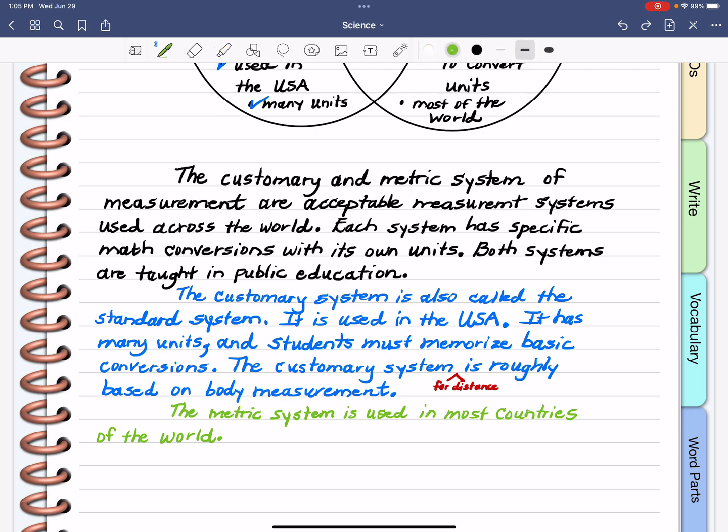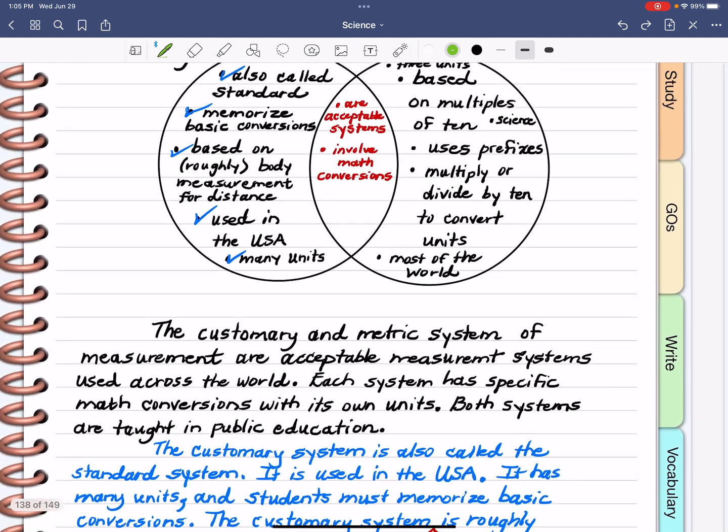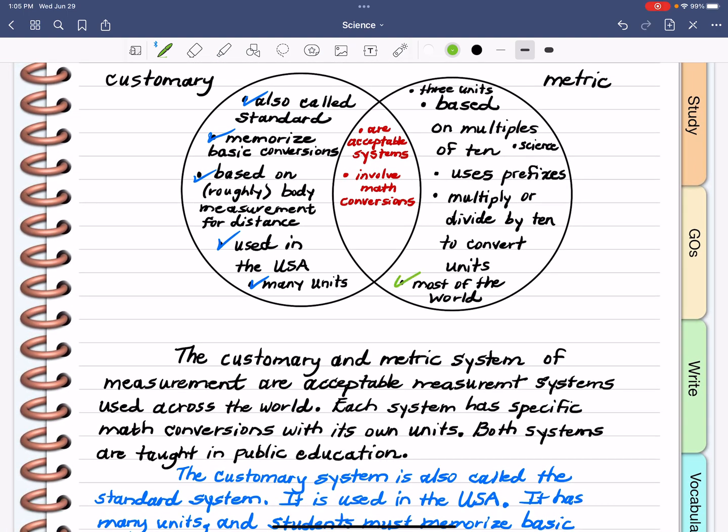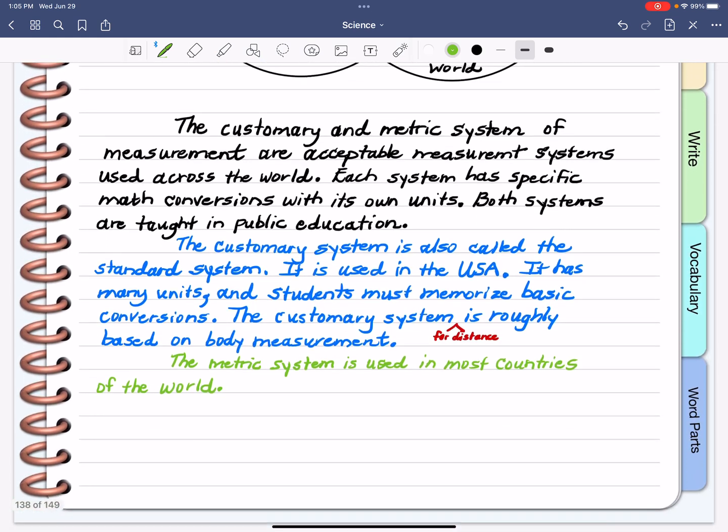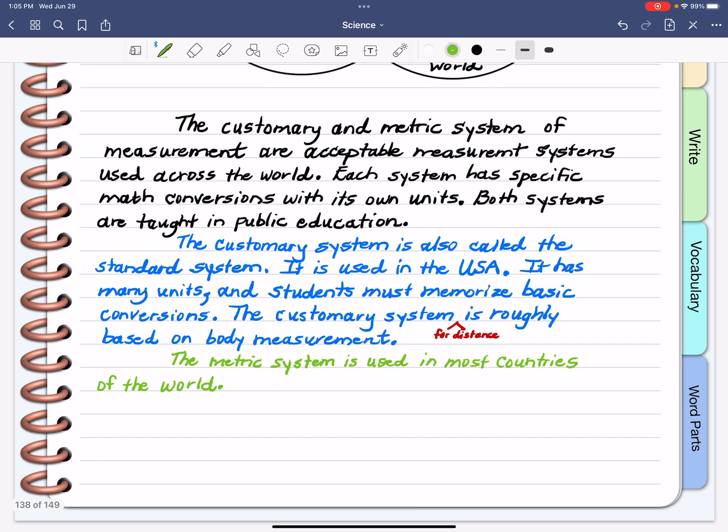Okay, then we talked about the units. So we got this most of the world part. And remember, with the metric system, we have 3 basic units that are based on multiples of 10. So I'm going to say that. There are 3 basic units. You want to spell out the word 3.